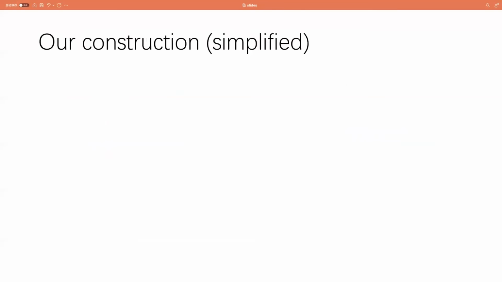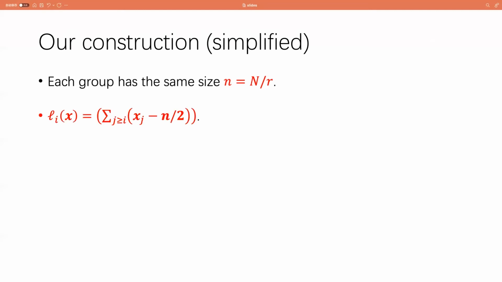Now we show a simplified version of our construction of the function h and show why it satisfies the suffix indistinguishability. In our construction, each group has the same size n', which equals n over r. Given a vector x, we define the function L_i(x) to be the sum over all j at least i of (x_j minus n'/2).